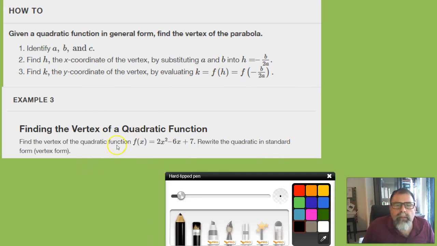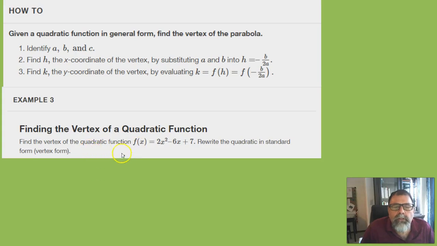All right, so our first step for example 3: find the vertex of the quadratic function f of x is equal to 2x squared minus 6x plus 7. Rewrite the quadratic in standard form, also referred to as vertex form. So we have the general form here.